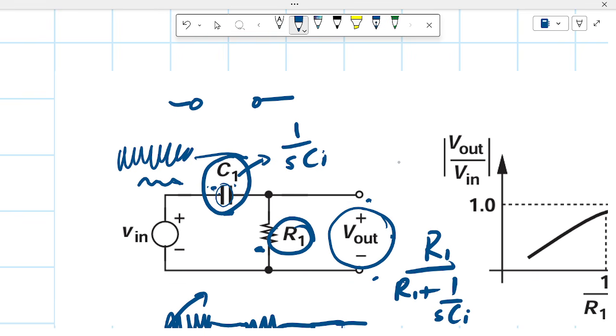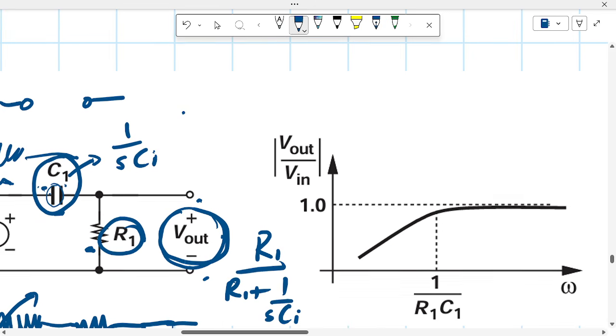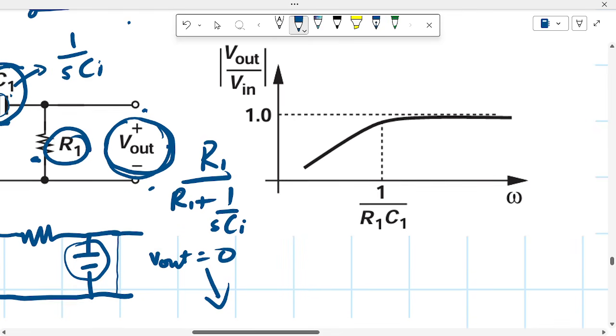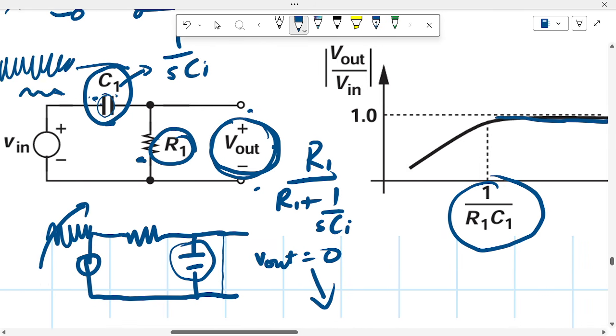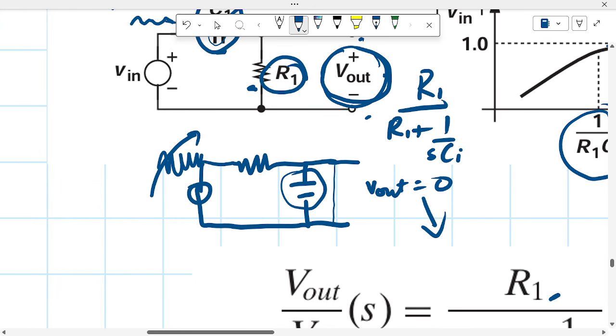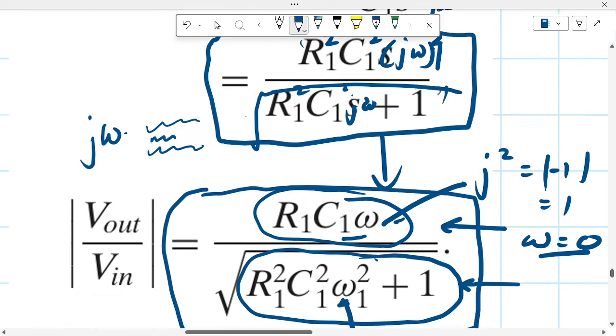Then the magnitude of the output voltage would be increasing with frequency until we get to a frequency given by this, which will be a pole frequency. Then we will begin to have the full output as we expected.